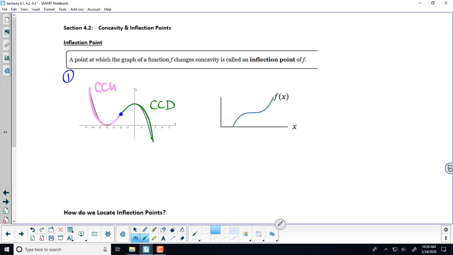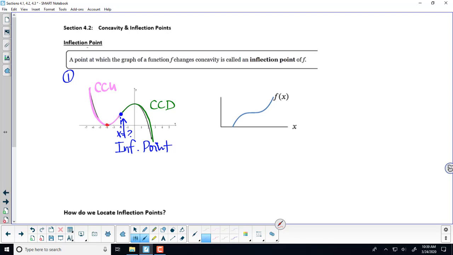All right, so we call that point an inflection point. So we can spot it, eyeball it on the graph, but we want to actually find the x coordinate of that point, the location.